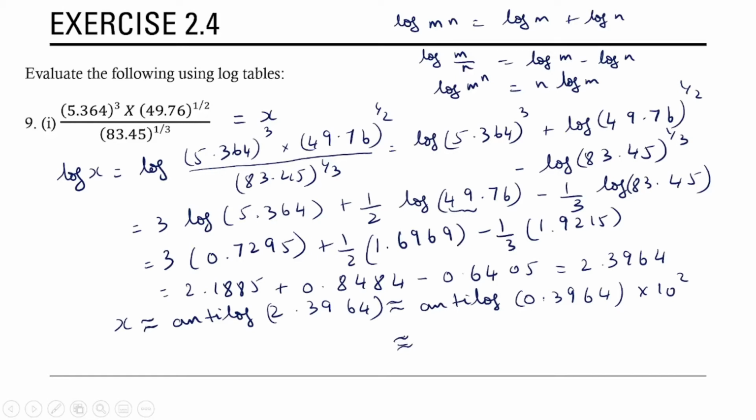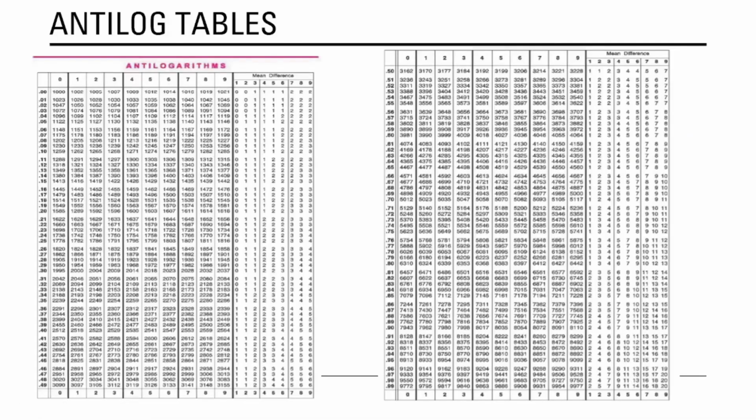Now antilog of 0.3964. So here row number 0.39, then column number 6, it is 2489, and then under mean difference, column number 4, it is 2. So 2489 plus 2 is 2491.